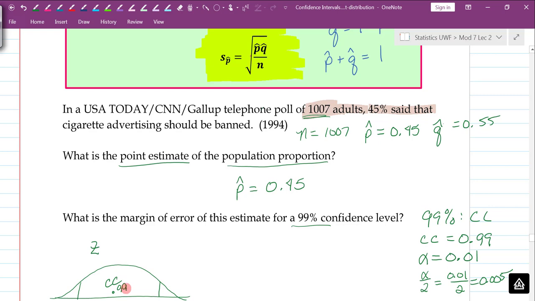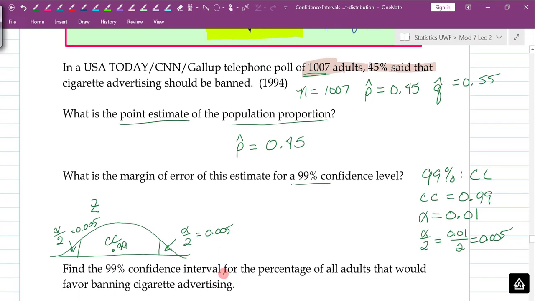In each of these areas, we're putting half of alpha, okay? Half of alpha in each of those, and this is equal to 0.005. So if I take this number and add it to this number and add it to this number, it better equal 1.0, okay?